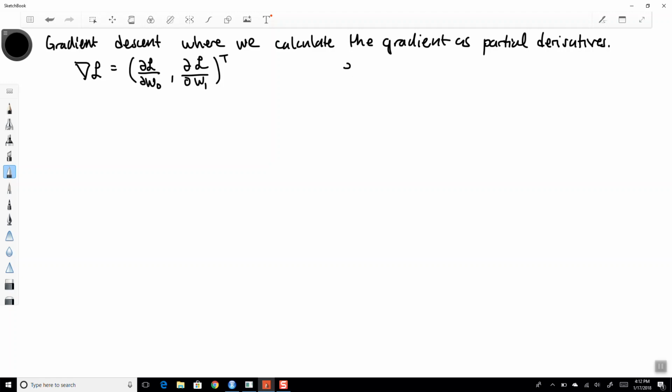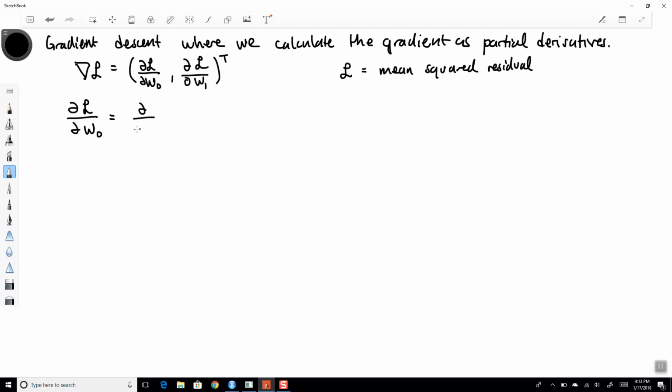So this is what we have, right? Keep in mind the loss function will basically be the mean squared residuals. We're doing this for the vector where W0 is the intercept and W1 is the slope. We're going to take the gradient with respect to W, so we'll start with the gradient with respect to W0.